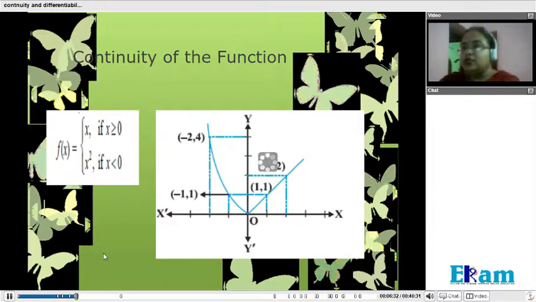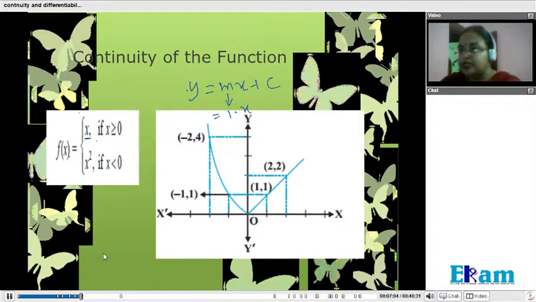Okay. Talking about the continuity of the function. Here we have a function for which f(x) is x if x is greater than or equal to 0, right? So x means it's a straight line, in the form y equals mx plus c, where m, or the slope of the line, here is 1.